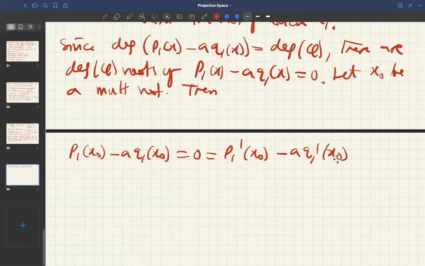So P1(x naught) is A Q1(x naught). Multiplying these two relations, both should be the same.